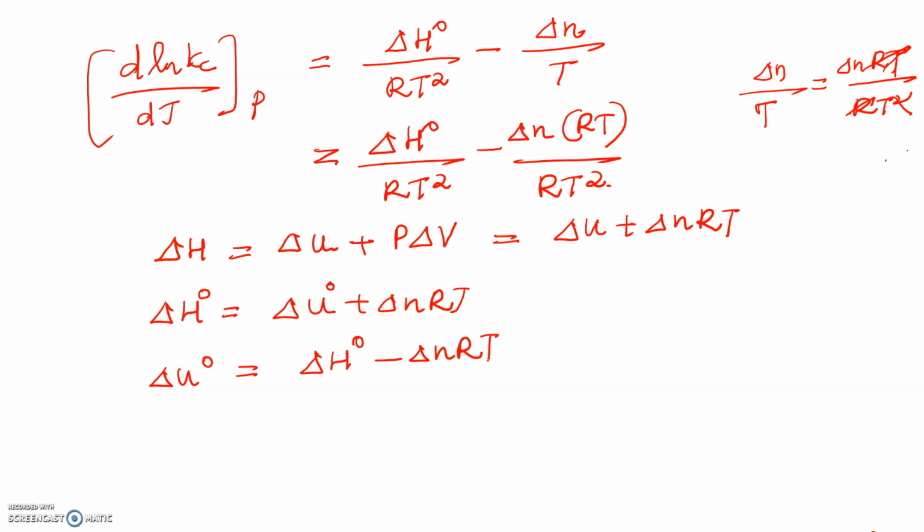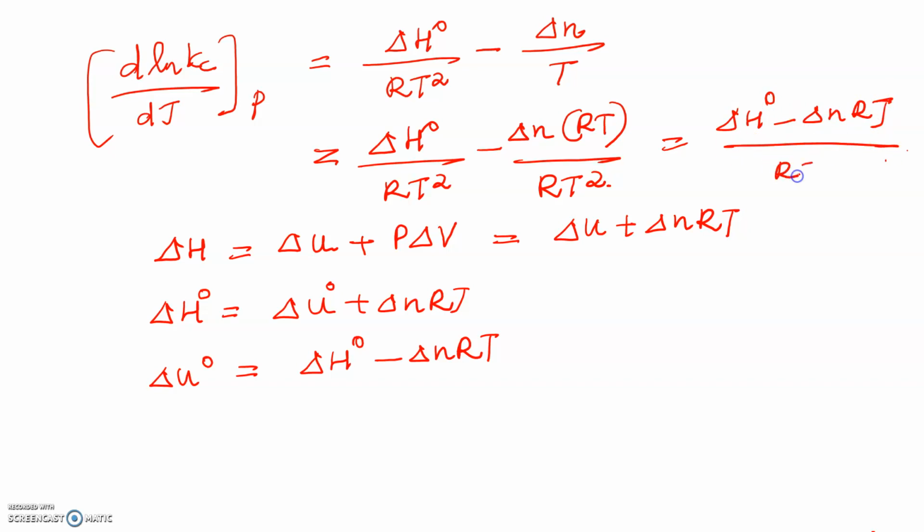Okay. Here we have delta H0 by RT squared minus delta nRT by RT squared. This can be written as delta H0 minus delta nRT divided by RT squared. Now we have a substitution for delta H0 minus delta nRT.